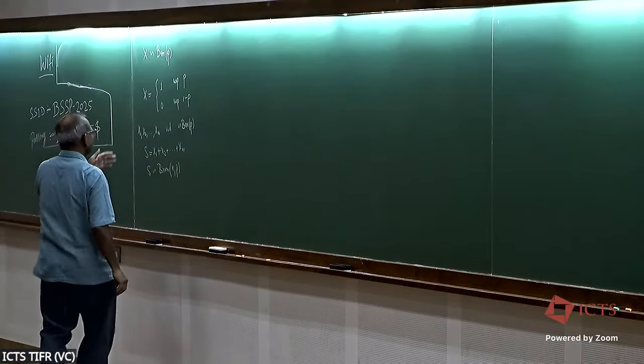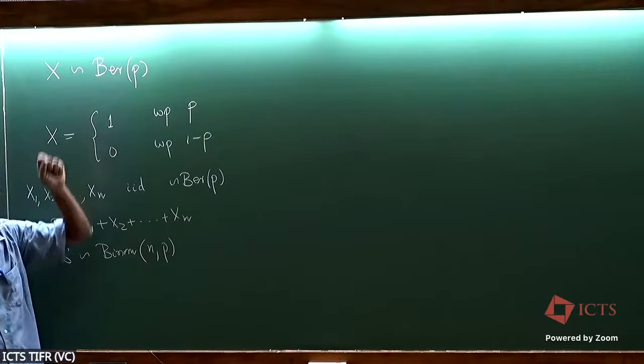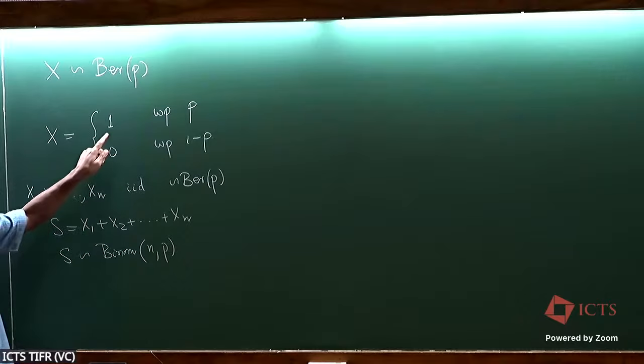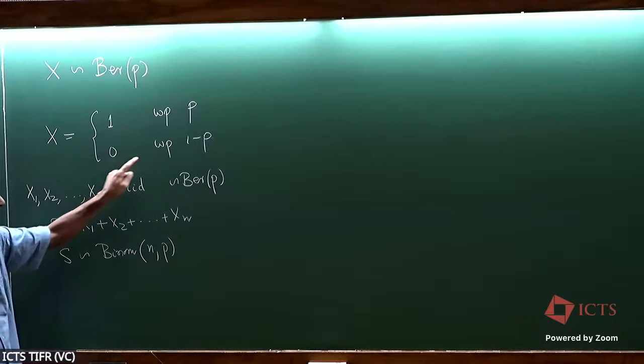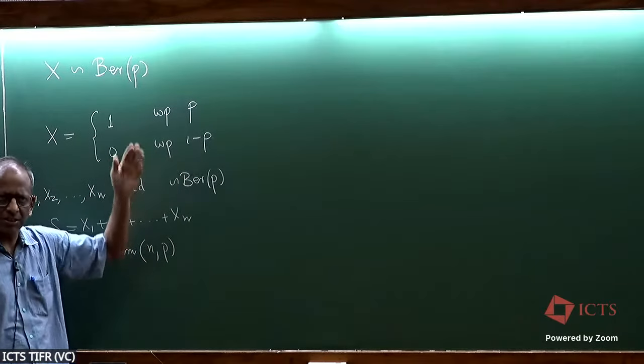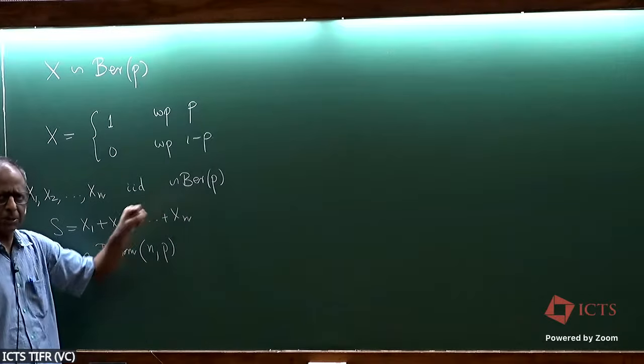So these are things that are well known to you. X is a Bernoulli random variable, which means it takes the value 1 with probability P and 0 with probability 1 minus P. And X1, X2, Xn are IID with Bernoulli distribution.